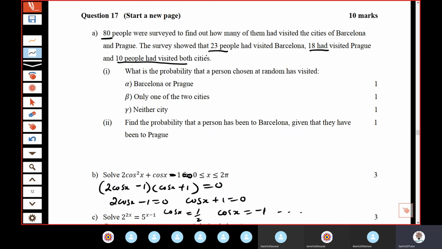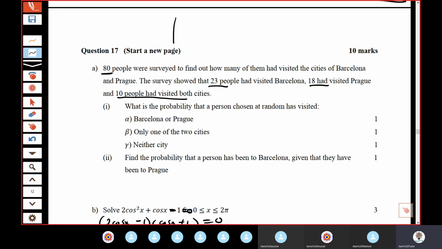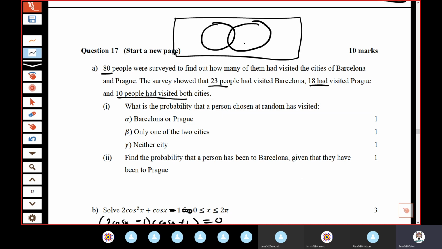This looks like a Venn diagram style of question. So if we draw it up somewhere here, Barca, Prague, 23, okay, 10 had visited both. So 10 is right in there.